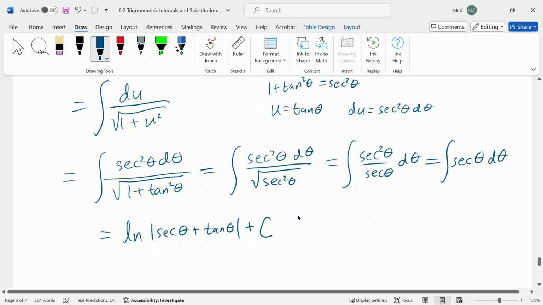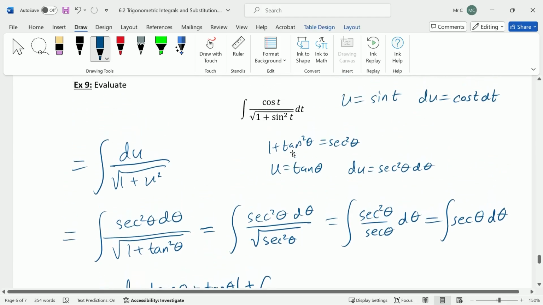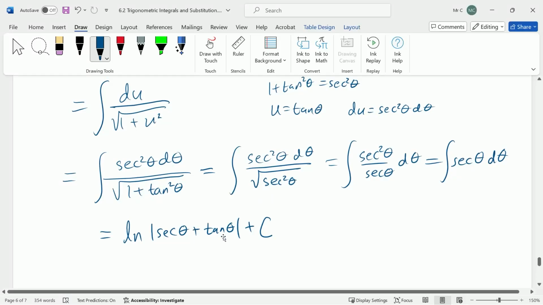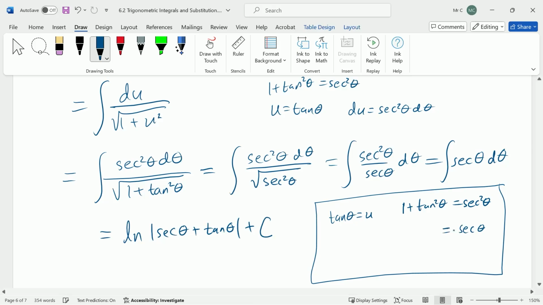So the first substitution I've got to do is to get back in terms of u. So I've got secant of theta and tangent of theta. This time it is going to be easier to use the identity here because I've already got that tangent of theta is u, and I have that 1 plus tangent squared of theta is secant squared of theta. So in this case, we can write that secant of theta is the square root of 1 plus u squared.